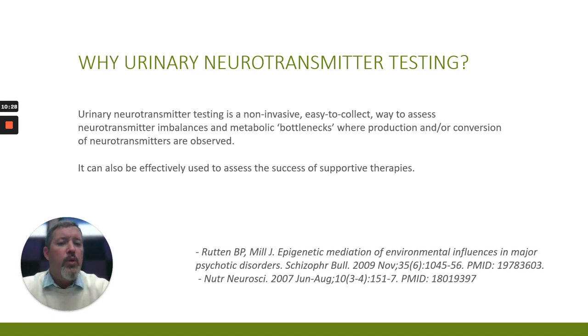And what we're also doing with urinary neurotransmitter testing is looking for what I would call, and other doctors have called, a bottleneck, where we can look at, okay, if I have a given neurotransmitter that's at an abnormal level, is this due to a production problem or a conversion problem? That matters because it's what determines the intervention, and the interventions are quite different depending upon if it's a production versus a conversion problem.